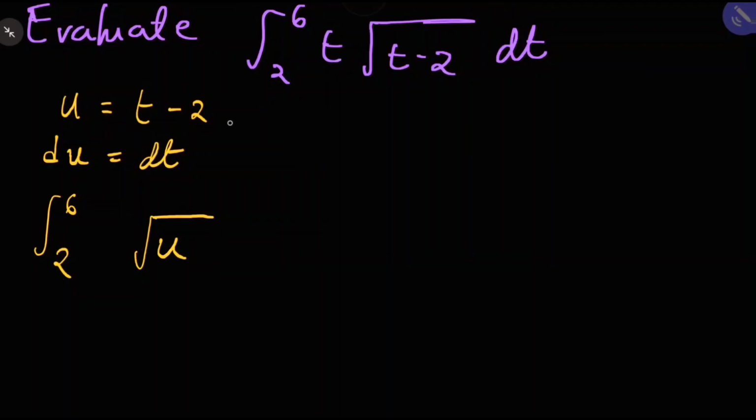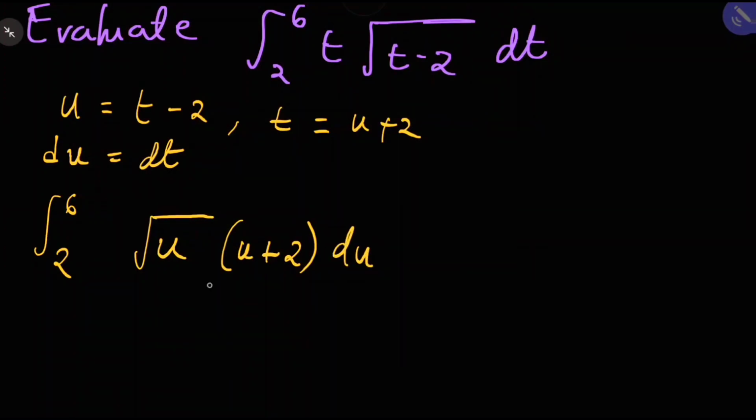If u is t minus 2, it means that our t would be u plus 2. So what we have now is root u multiplied by u plus 2, and then instead of dt, we have du.